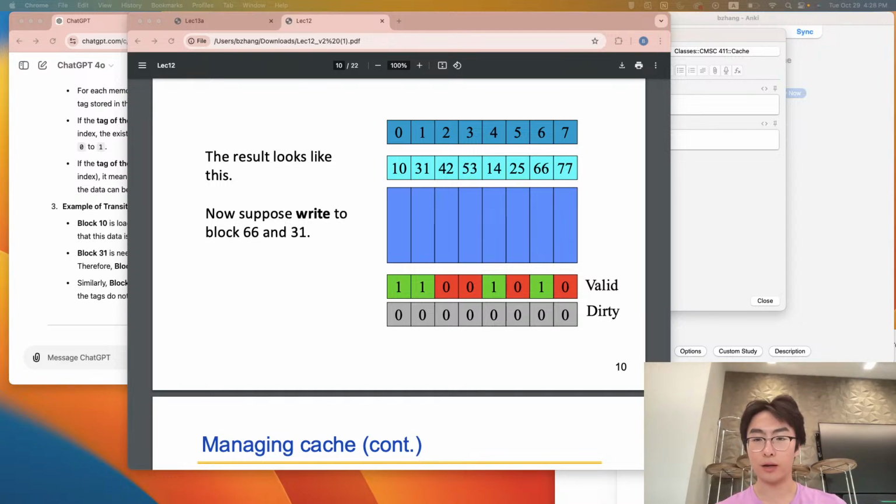A block of data can be thought of as a sequence of memory addresses. Each memory address usually represents one byte of data. So if you have a block size of, let's say, 256 bytes, then you have 256 memory addresses, and that's how big a block is.